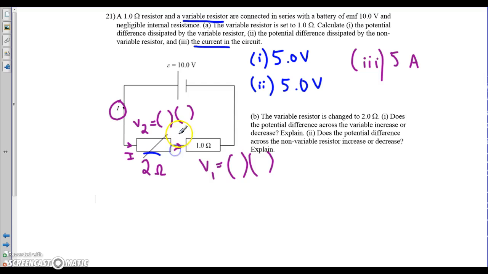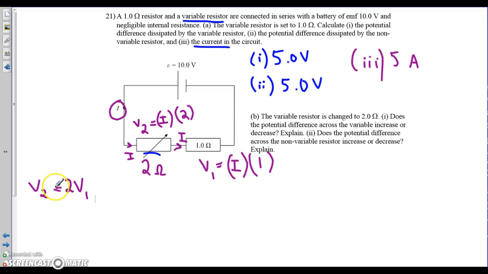And then the current through the second resistor is the same I. So these have the same current I through them. The resistance, though, is not equal. This resistance is 2 ohms, this resistance is 1 ohm. And so clearly, V2 is 2I, but V1 is just 1I. V2 is twice V1.